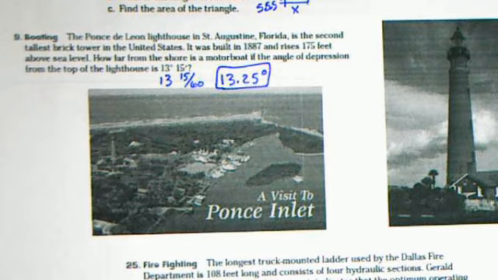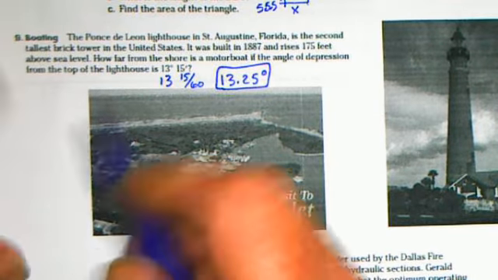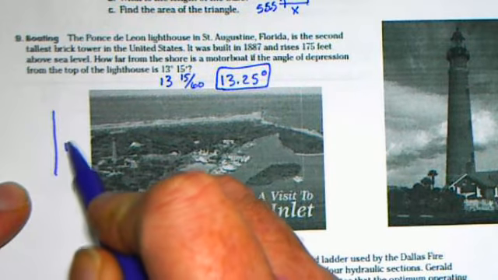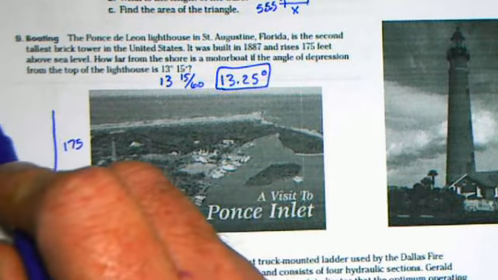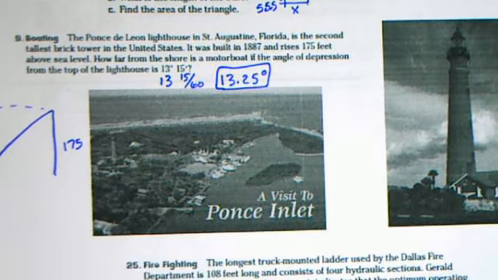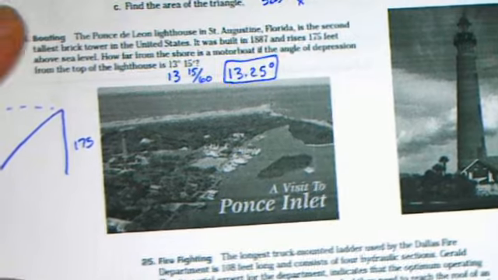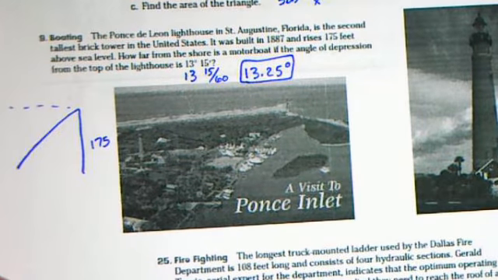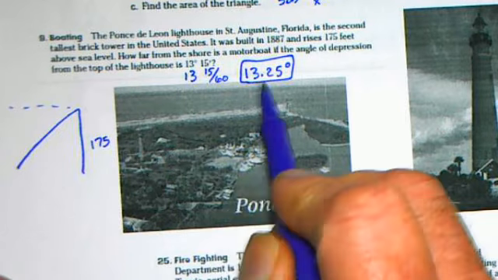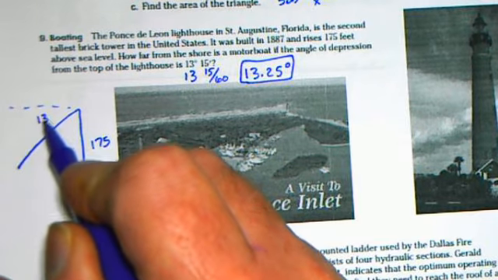So I think we have enough to draw our triangle. The lighthouse is 175 feet high. The angle of depression down to a motorboat is 13.25 degrees.